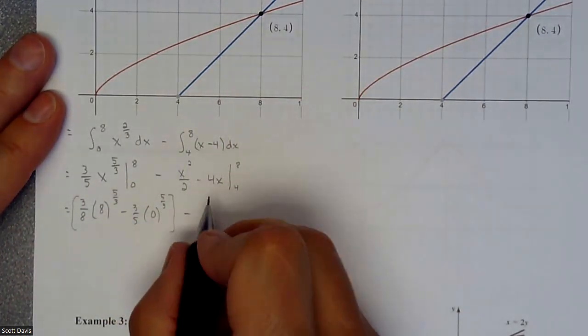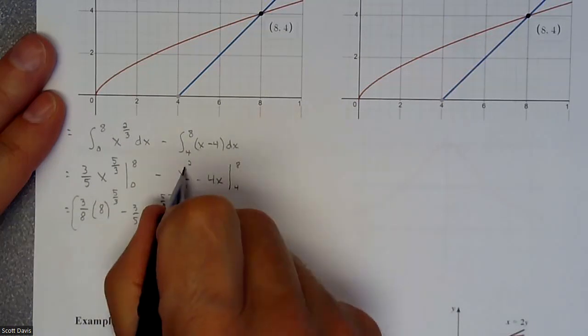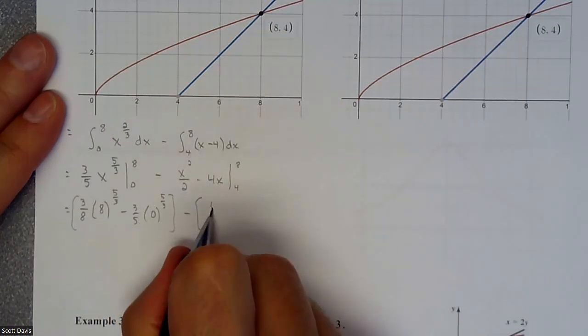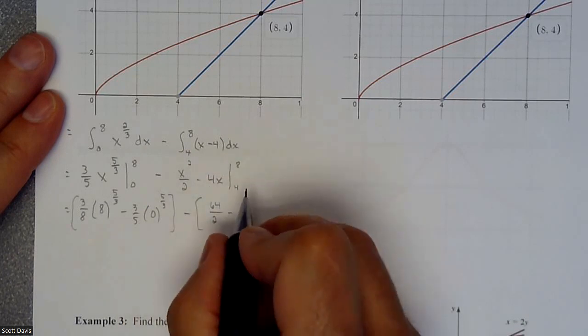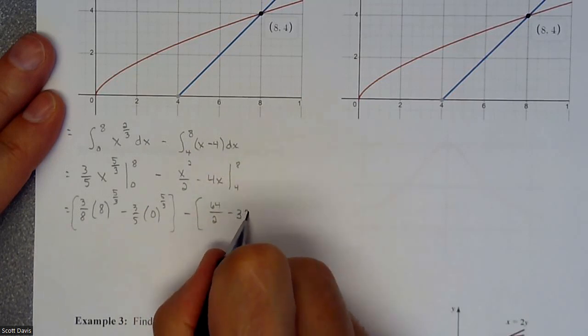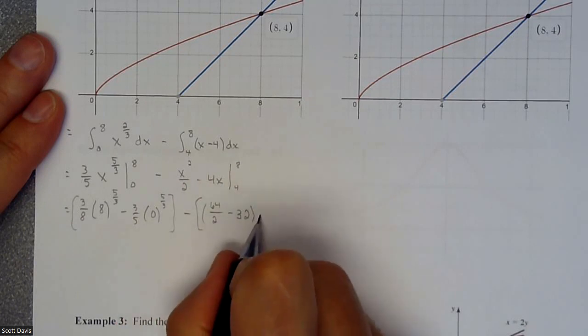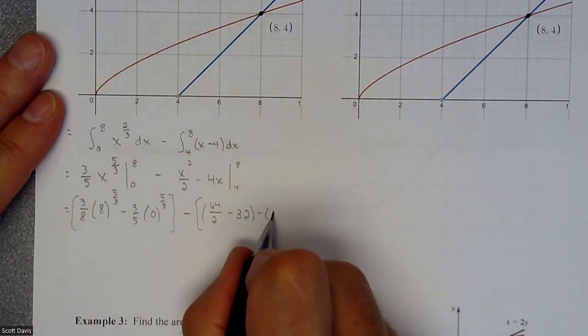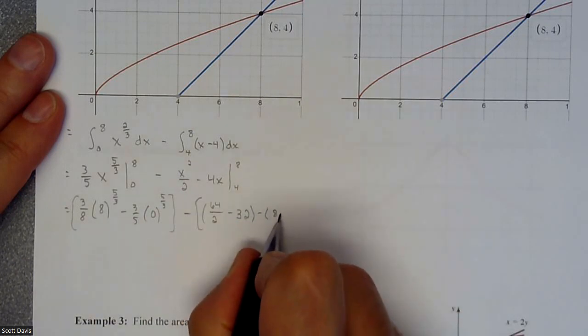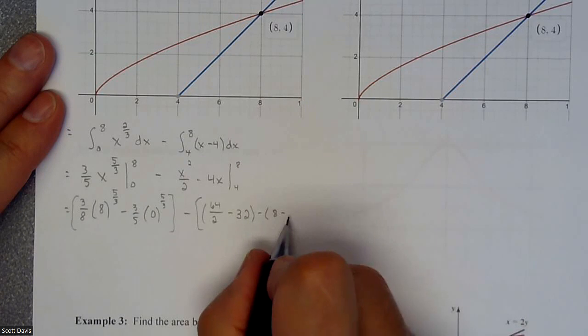That area is us plugging in 8 to that. So 8 squared is 64 over 2, minus 4 times 8 is 32. Minus the 4 plugged in. So 4 squared is 16 divided by 2 is 8. Minus 4 times 4 is 16.